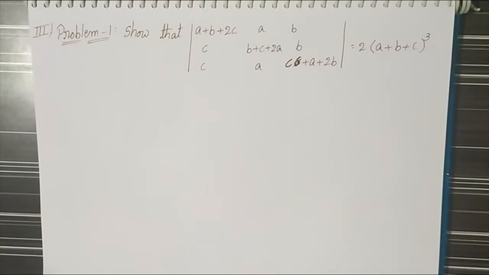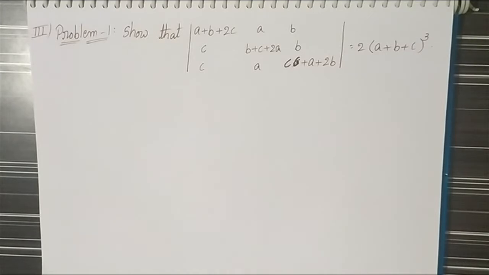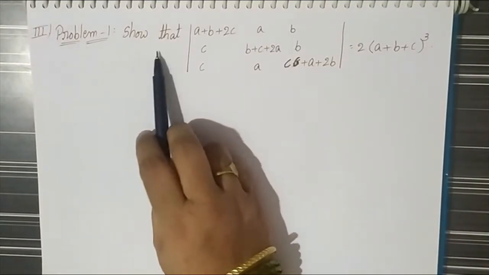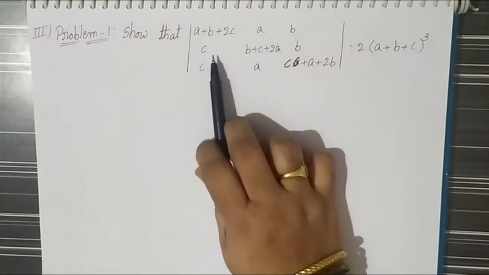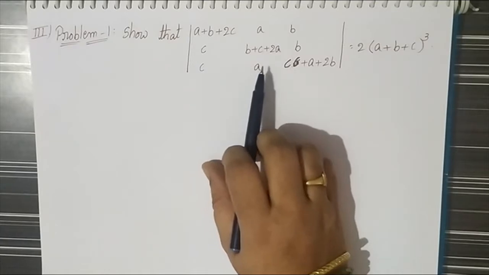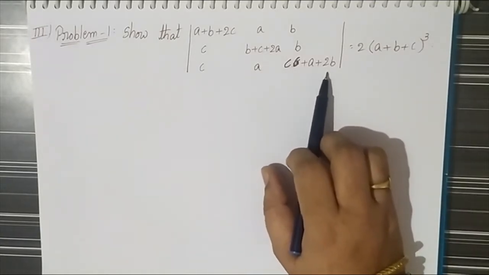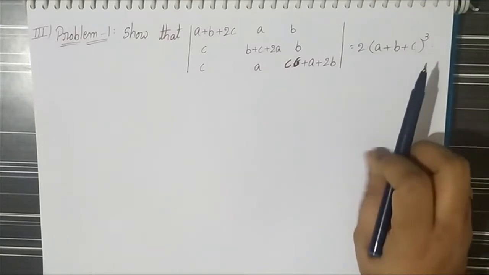Next, we will go to the third section in the same exercise 3D, section 3, problem number 1. In this problem, we have to show that the determinant |a+b+2c, a, b; c, b+c+2a, b; c, a, c+a+2b| is equal to 2(a+b+c)^3.